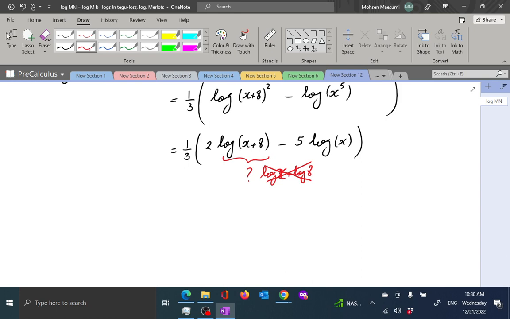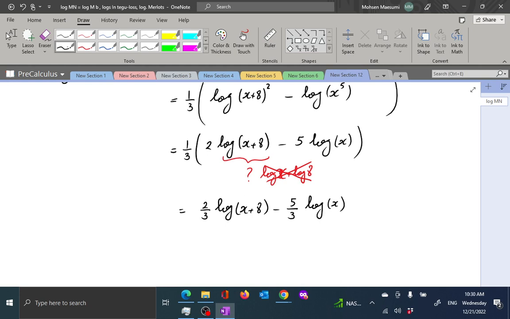Well, yes, wait until calculus 2, and there's going to be a two-week lecture that tells you what you can do. Right now, you can do nothing. So, final simplification: we just write it as 2/3 of the logarithm of (x plus 8) minus 5/3 of the logarithm of x.